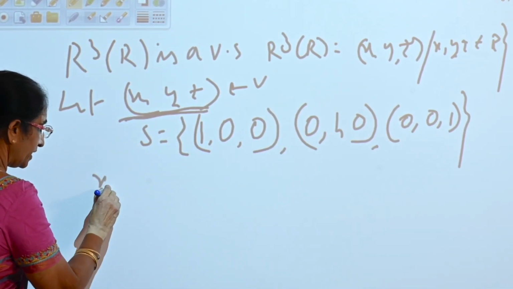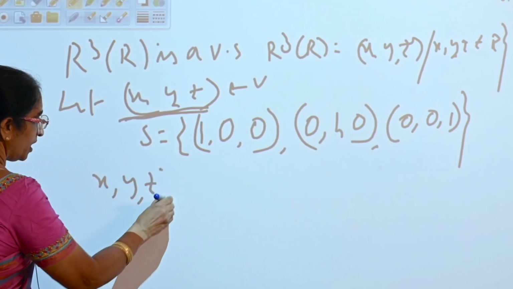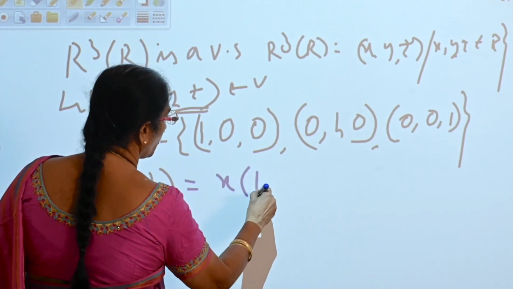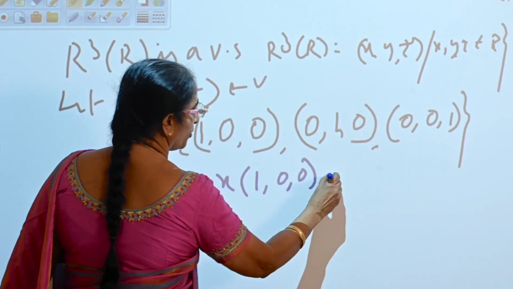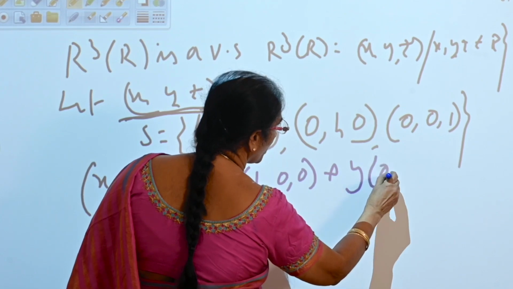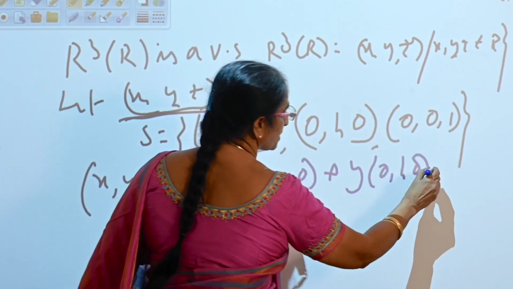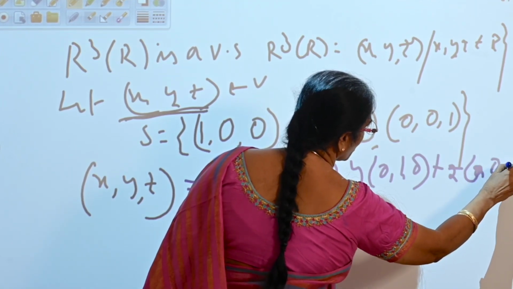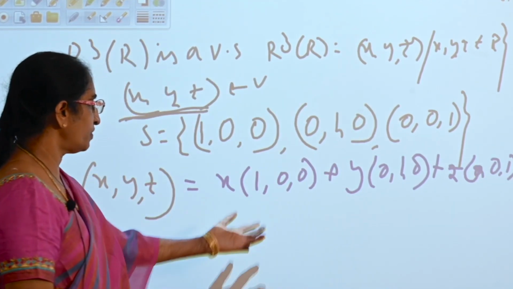Suppose you take (x, y, z). Now you can write (x, y, z) equal to x(1, 0, 0) + y(0, 1, 0) + z(0, 0, 1). Can you write? This will be (x, y, z).